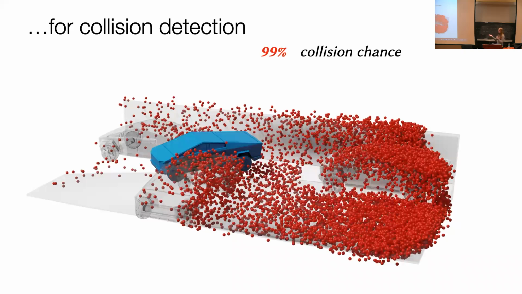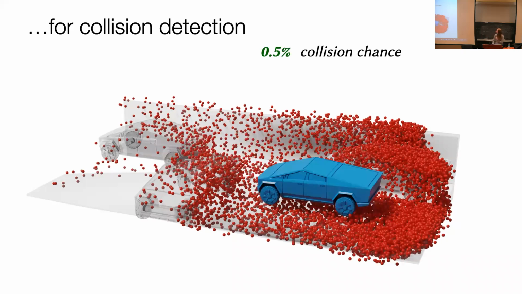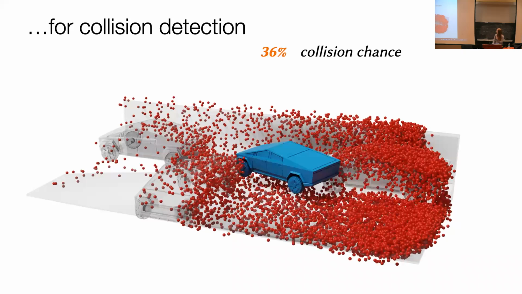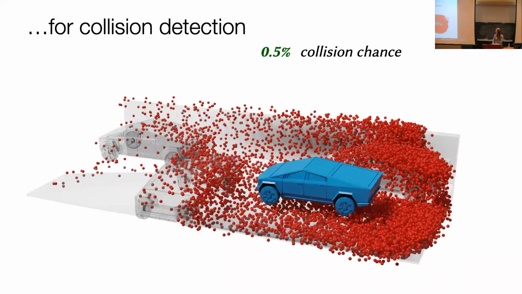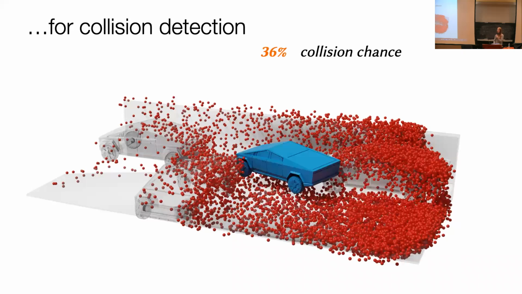So this sort of answers the question of the car. You can imagine that Poisson reconstruction would just tell us no collision, no collision, no collision, yes collision. Right? We are giving much more information. I don't think I would be comfortable with a 36% collision chance if I were driving the car.